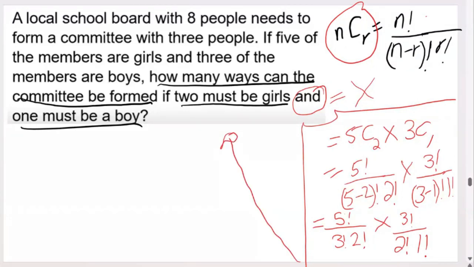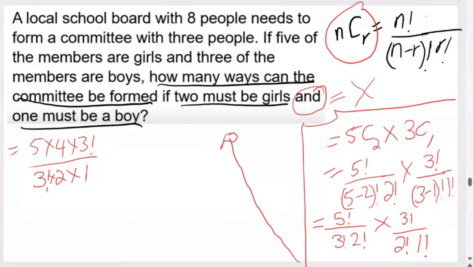So here on your numerator, you can say I've got 5 multiplied by 4 multiplied by 3 factorial. I can stop there at 3 factorial because I can see I've got 3 factorial on the bottom. I can just multiply 2 multiplied by 1.